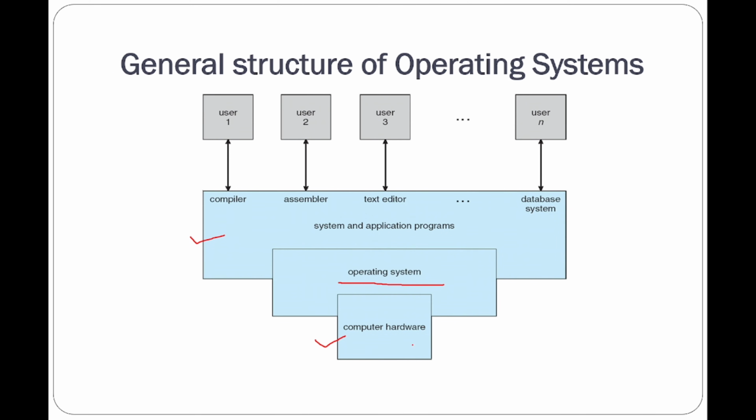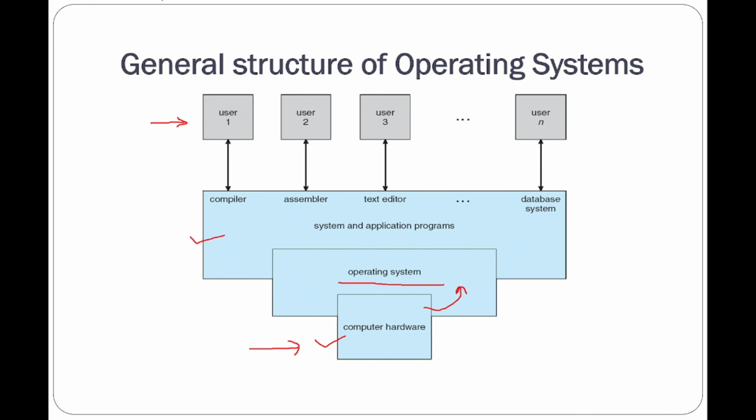Right? So actually this hardware is not useful for us. It is useful only when we are having an operating system installed over it, so that the users can interact with this hardware, right? So the first thing over here we have is the hardware.